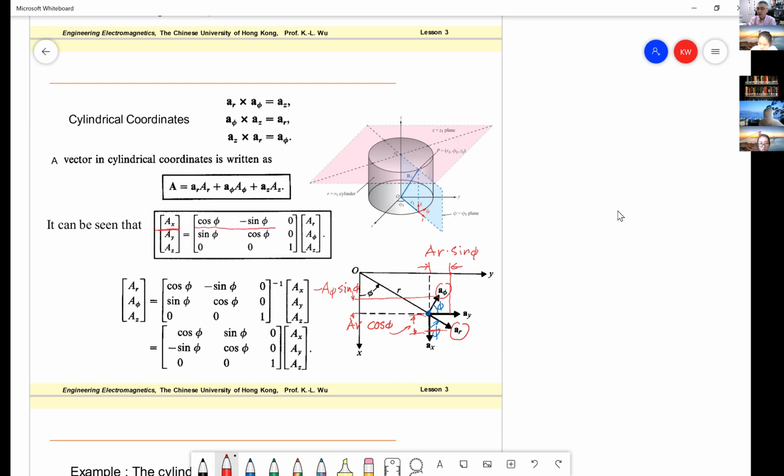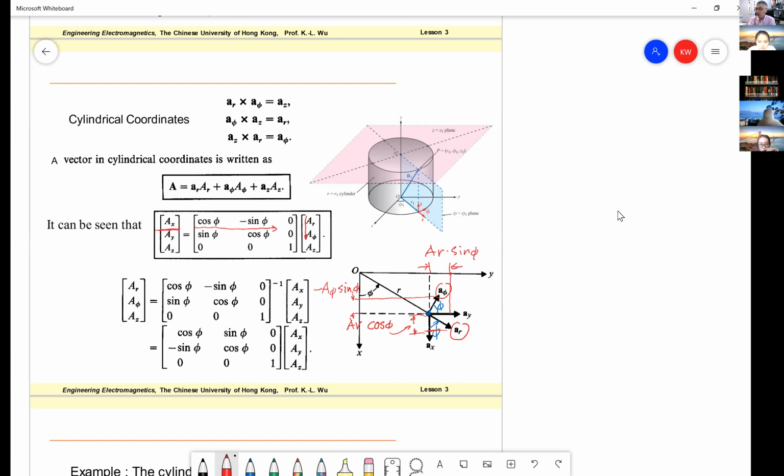We have cosine phi times AR minus sine phi times A phi, right? And then if we look at the y-axis, both the r component and the phi component contribute positive components.